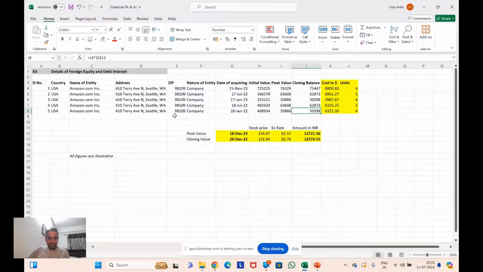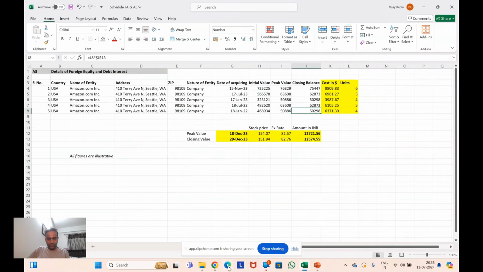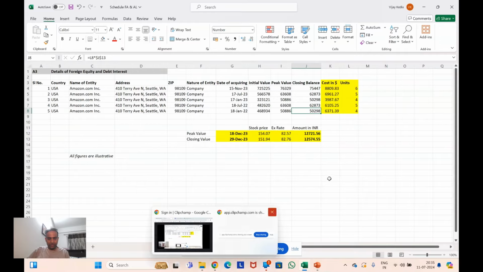So now coming to Schedule AL, which is your schedule of assets and liabilities. And before coming to that, I just want to show you what resources I have used to calculate this.